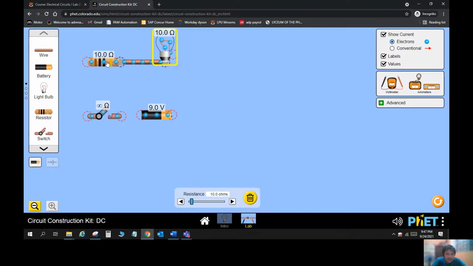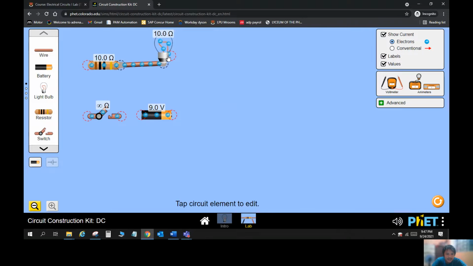Then additional wires. Yan, kompleto na siya. Kompleto yung circuit niya.